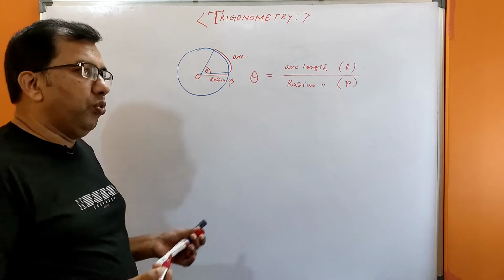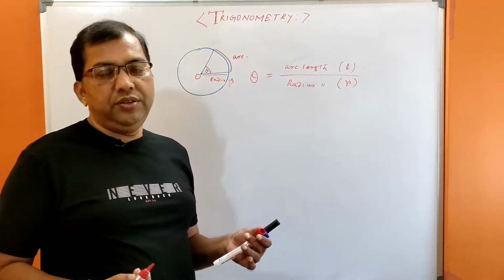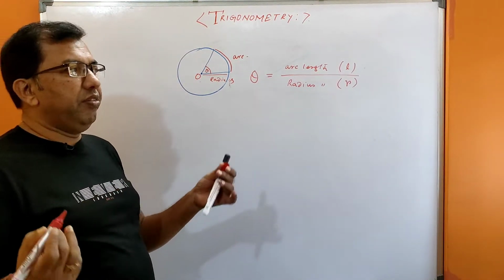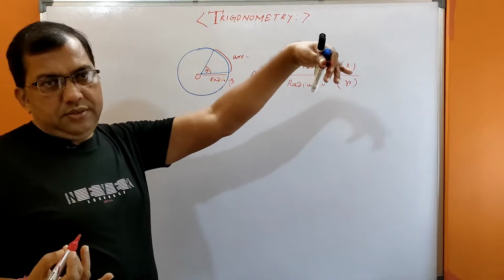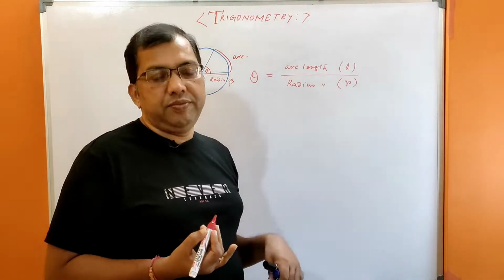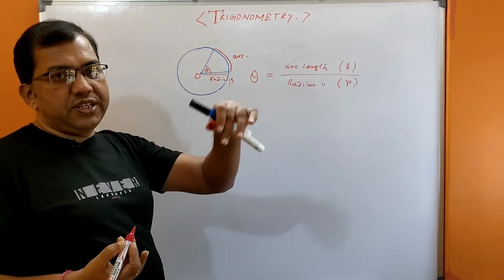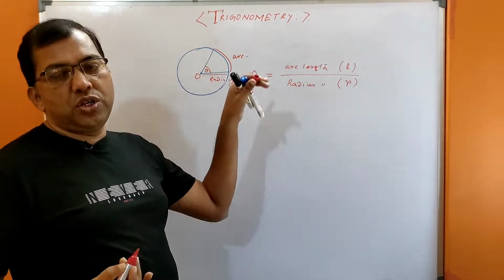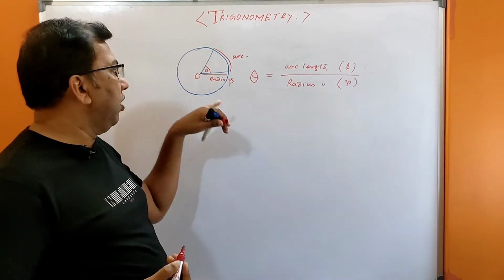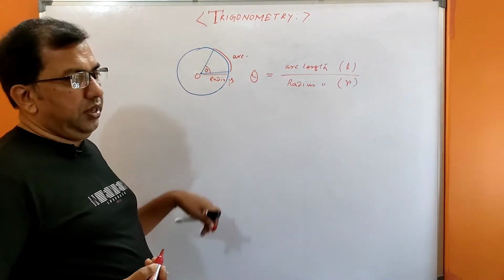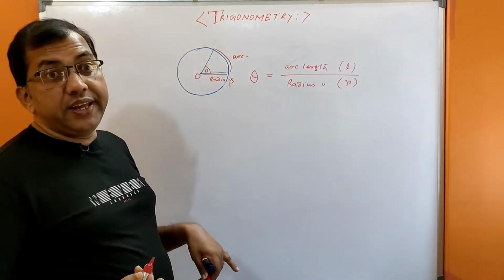In geometry you all know there is 1 degree, 2 degree, 3 degree, 4 degree, 5 degree, and particular definite angles are there. But in case of trigonometry we will see after some time there is no limit. It can be measured in radian.